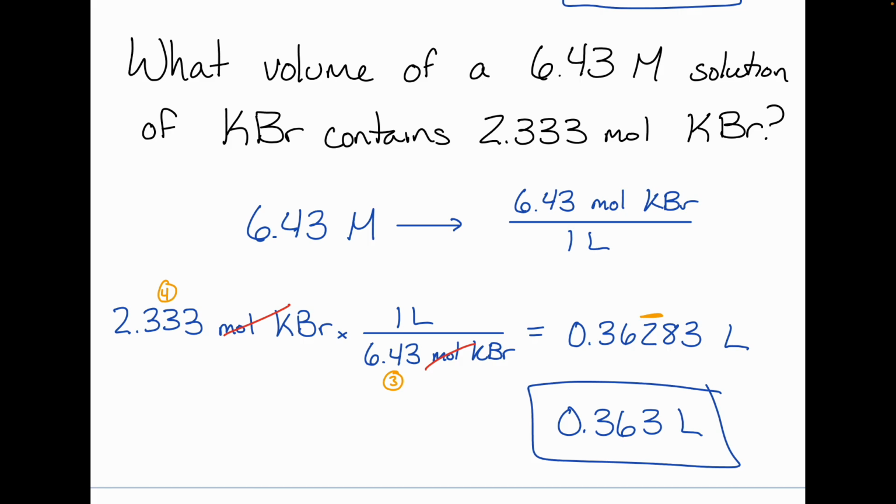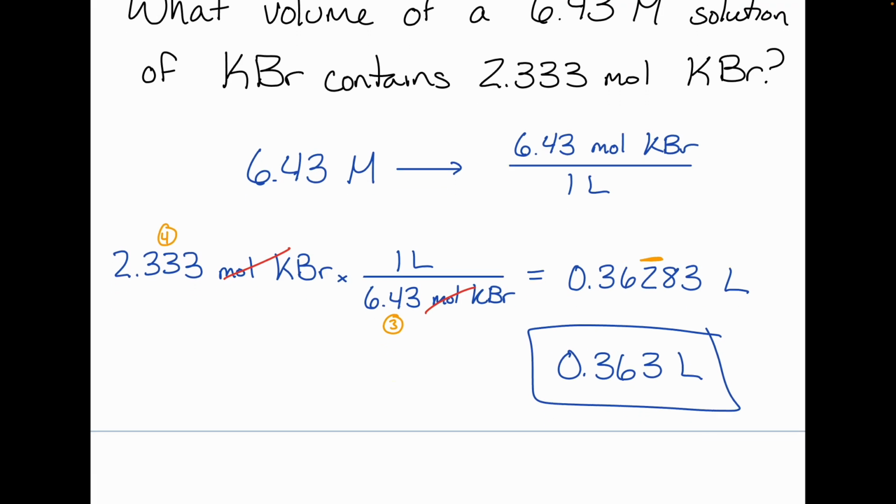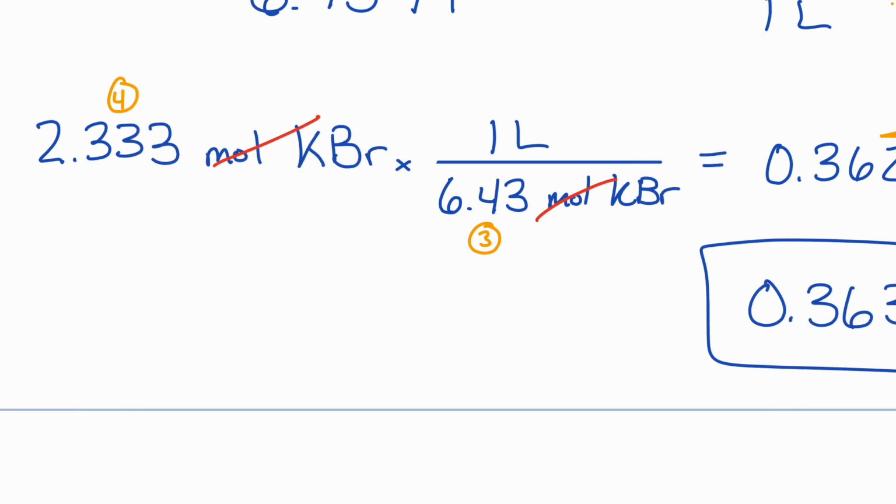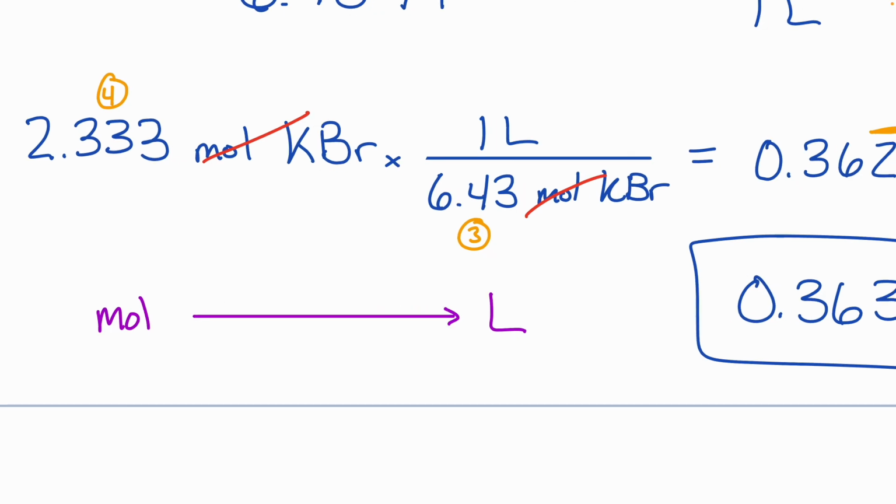All right? And so basically what we've done by introducing our molarity here is learn how to create another conversion factor, right? If we look here, we converted from moles into liters using that molarity. And in the previous problem, we did the exact opposite.